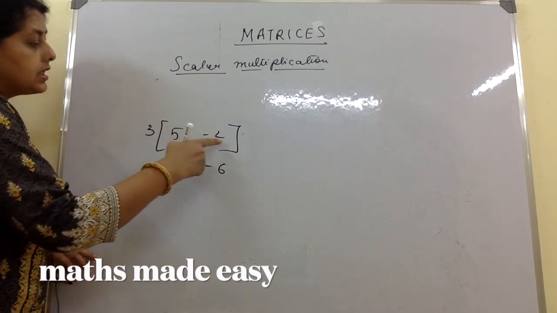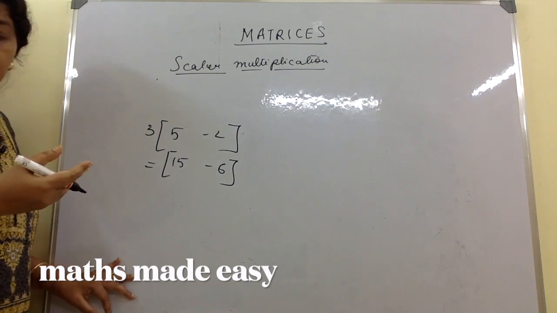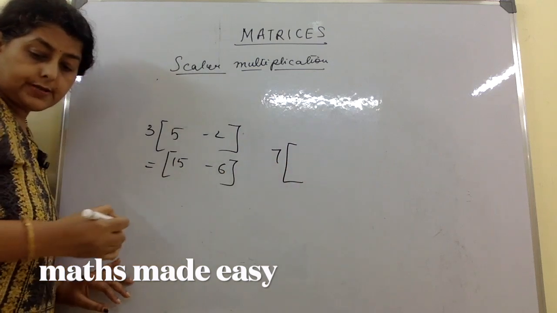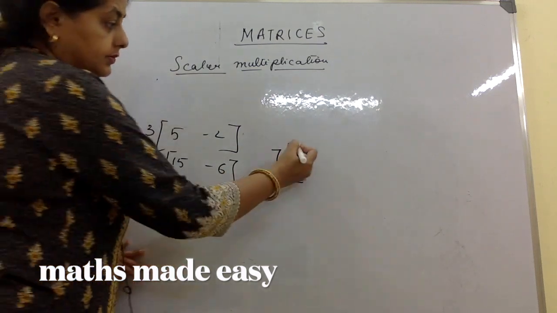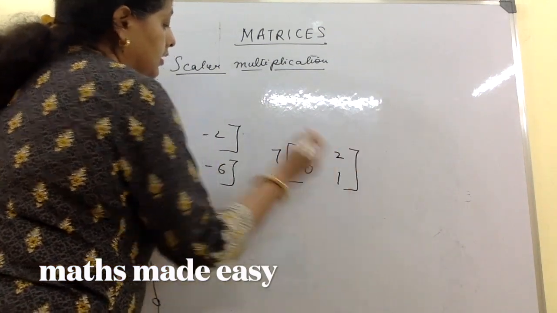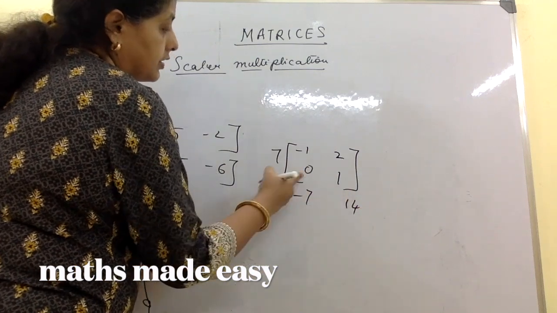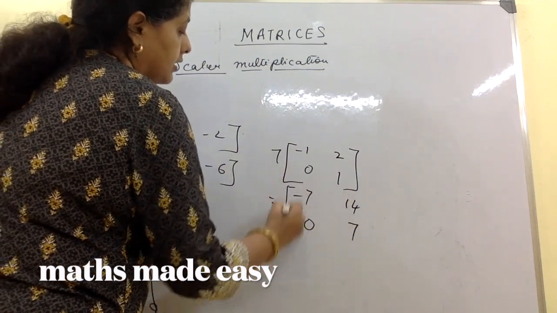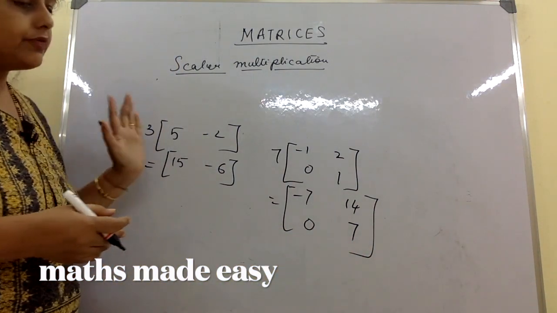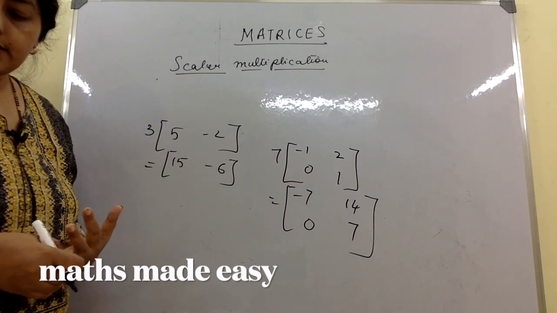So multiply with this element and this element, that makes it this. So multiply with each and every element, that is scalar multiplication. Supposing I want to multiply here, minus 1, 0, 2 and 1. Here also scalar multiplication by 7 gives minus 7, 14, 7 into 0 is 0, and a 7. So this is what scalar multiplication means. With each and every element you just multiply that value.